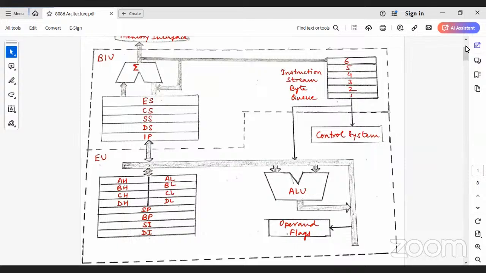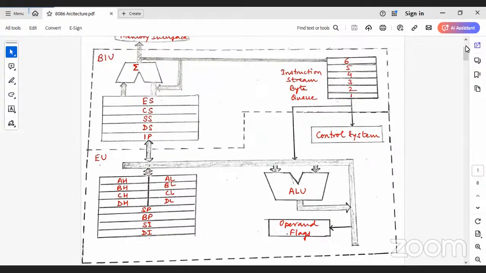The index registers, SI and DI, are used for the data and the extra segments respectively. So SI will be used for your data segment, and DI is used for your extra segment. Your extra segment is your ES in the BIU block, and data segment is your DS in the BIU block. So this much you have to mention about your architecture.